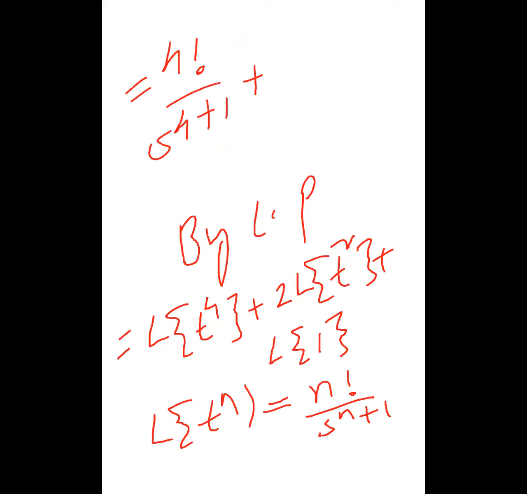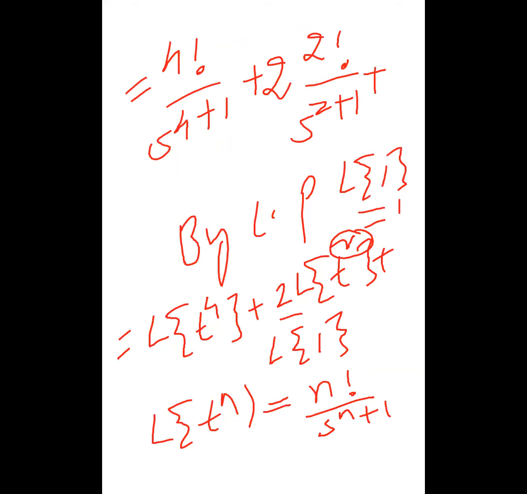And the second term, 2 is constant. Here applying L of t square, n is 2. So 2 factorial by s power 2 plus 1. And finally, we know the first formula of Laplace transform, L of 1 equal to 1 by s. So 1 by s. Now simplify the equation.